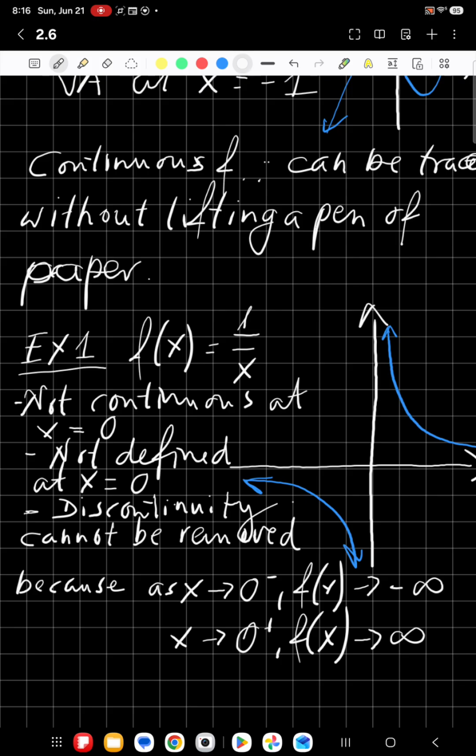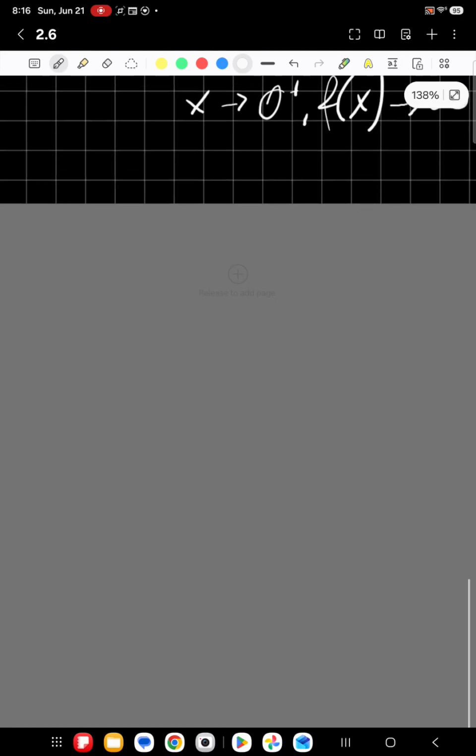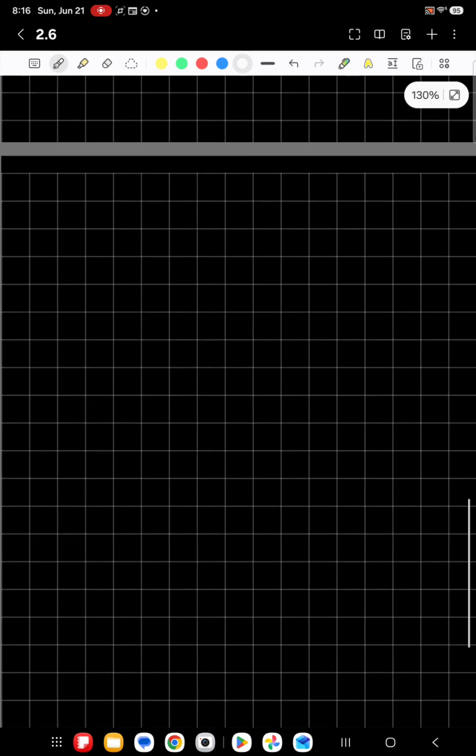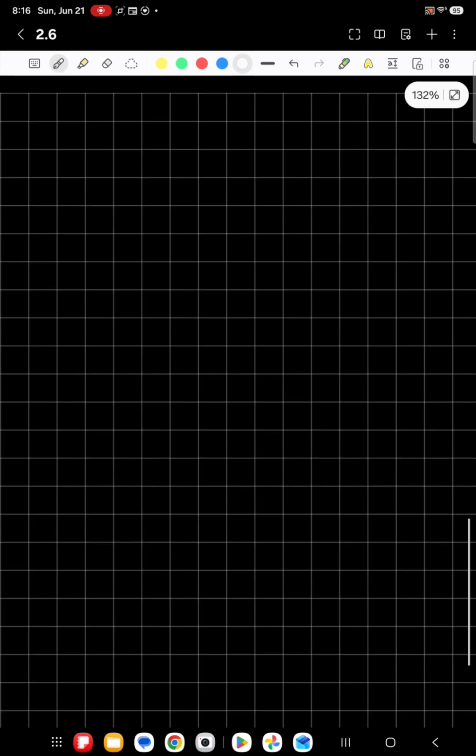Okay, so yeah, let me show you a function that is also discontinuous, but the discontinuity can be removed.